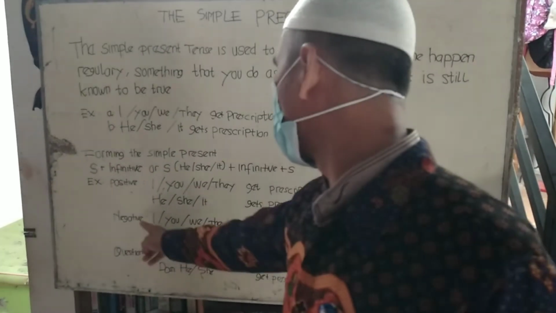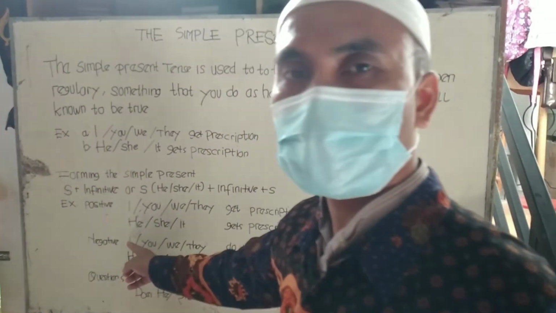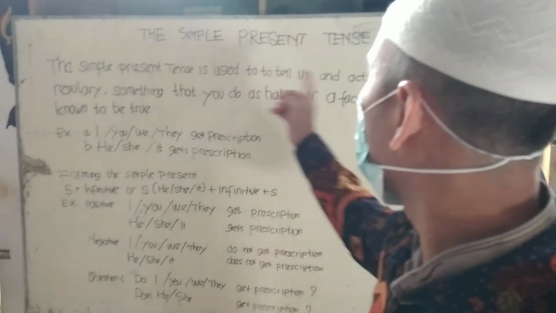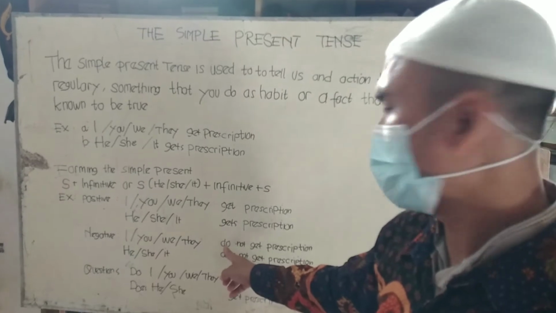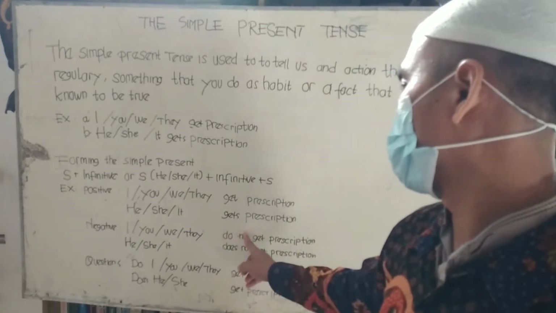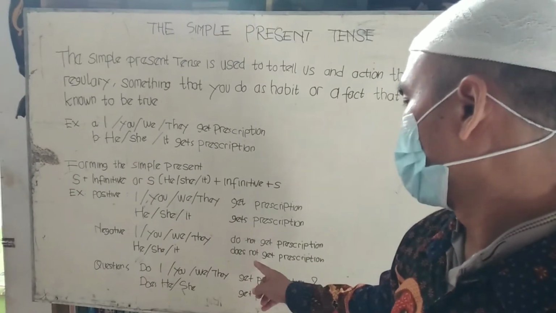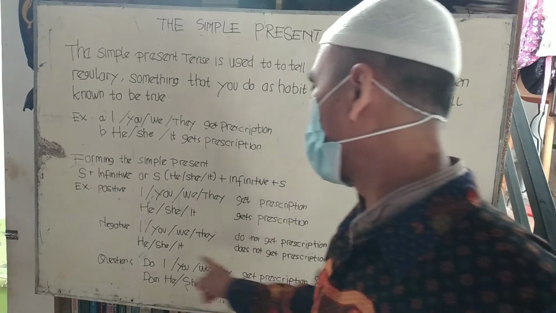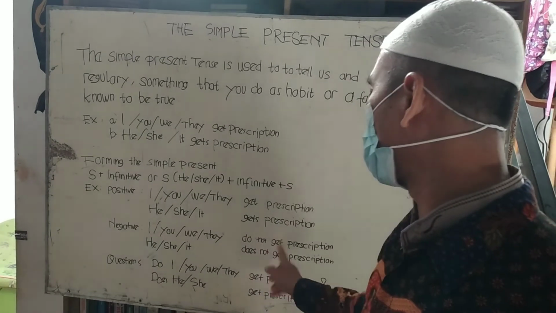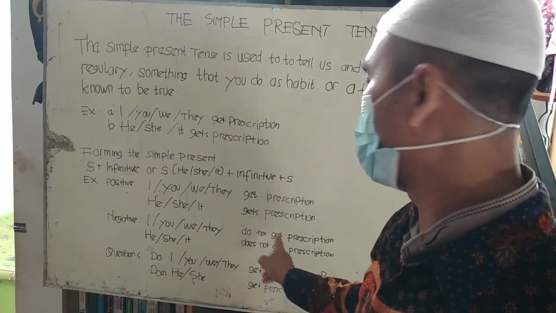And then negative. If you want to make the negative form of the simple present tense, you use do as an auxiliary plus not, followed by get as a verb. For example, I do not get. So you cannot say "I get."